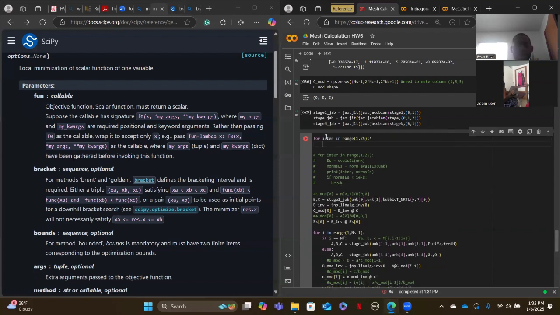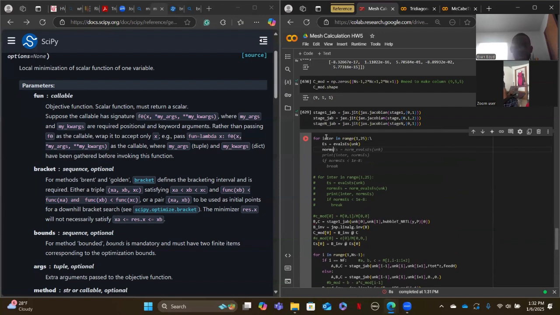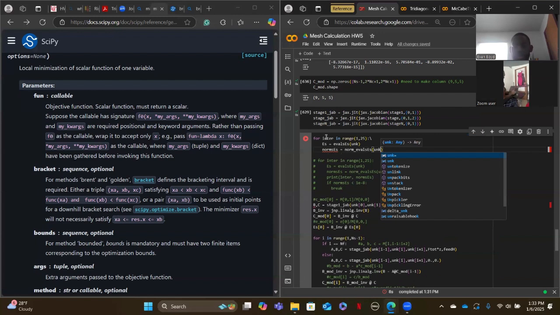We'll use our e's, and this is equal to our evals, e's to unknowns. We have our modified e's, so our normalized e's is equal to our normalized evals function for our e's, our guesses.